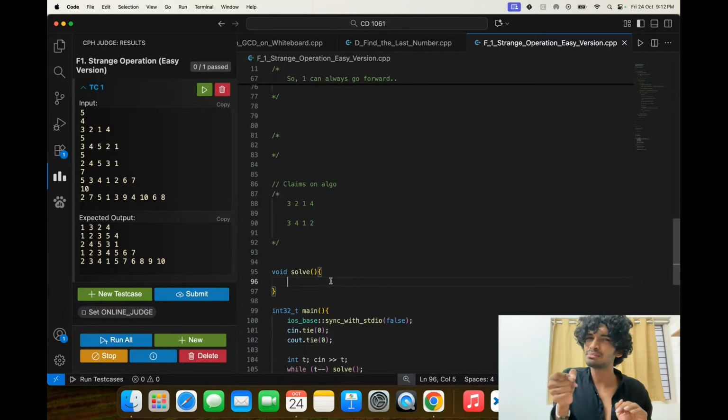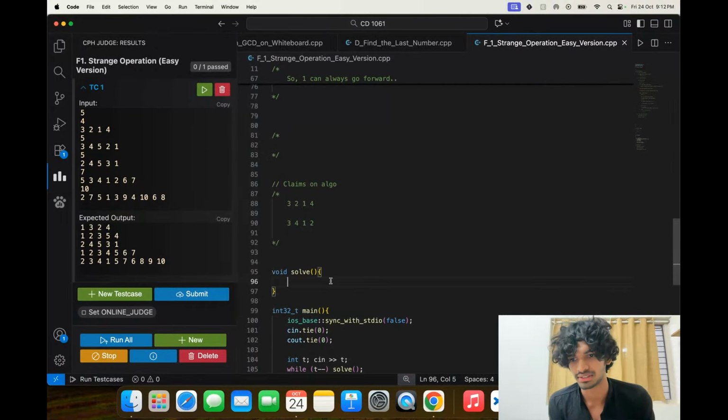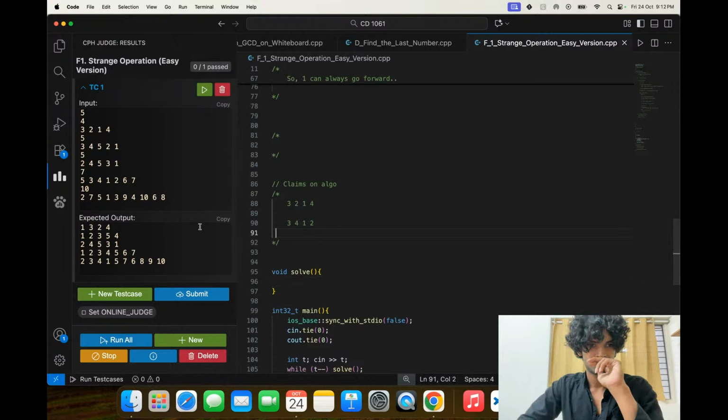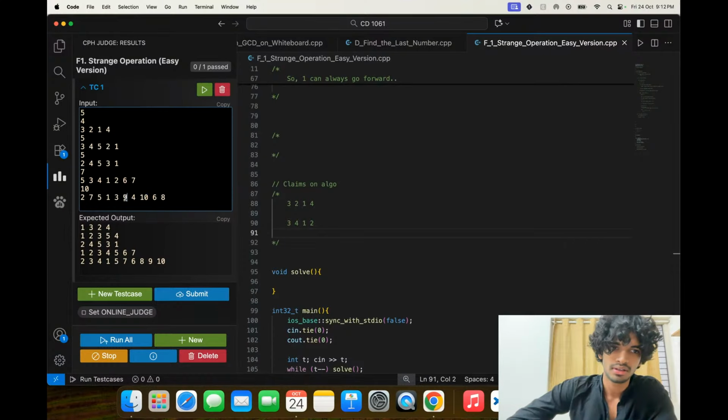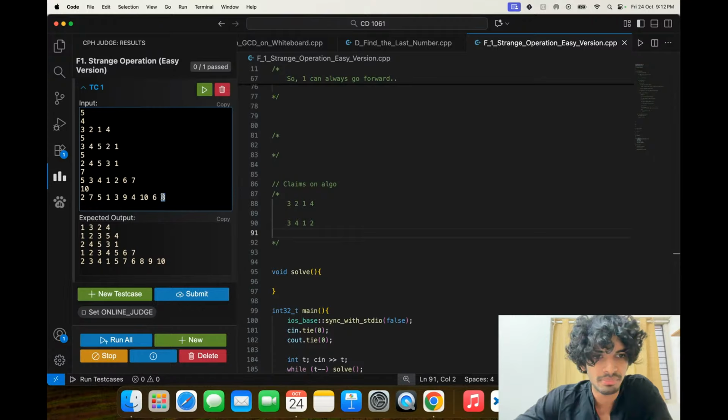Before anything crosses that, I will try to move this forward. Is moving bigger things first better, without crossing any smaller things? 10 will be right here. 9 will be right here. 8 will be right here.